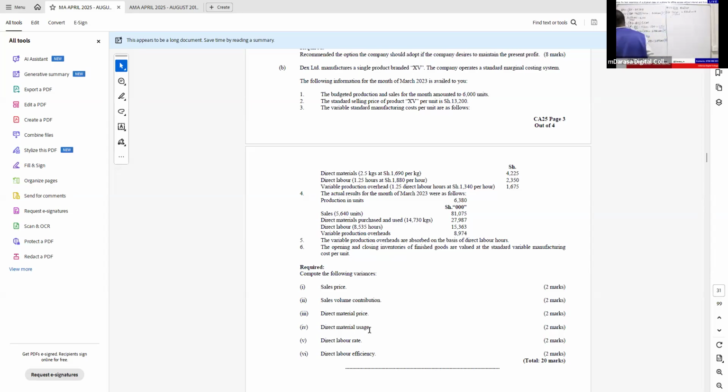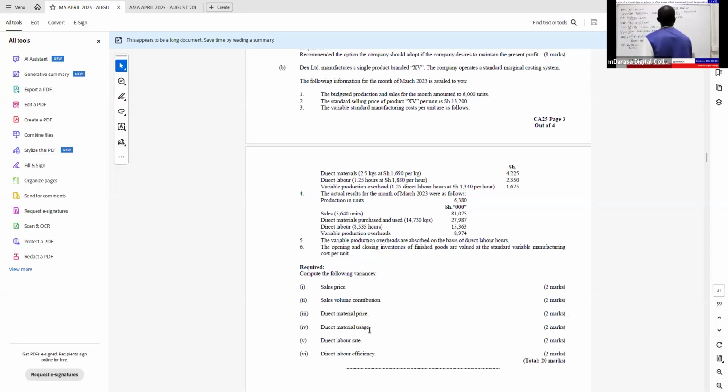That is note number 3, we had planned to use 2.5 kg per unit, times the actual production units, which we can see we're given as 6380.